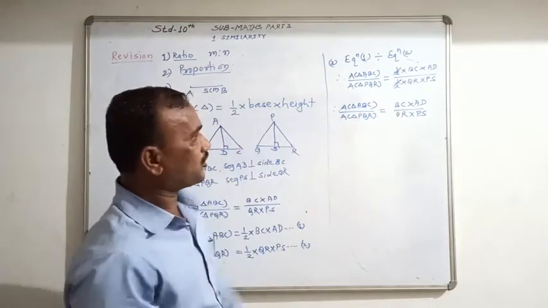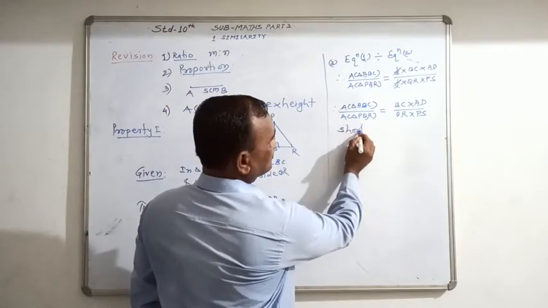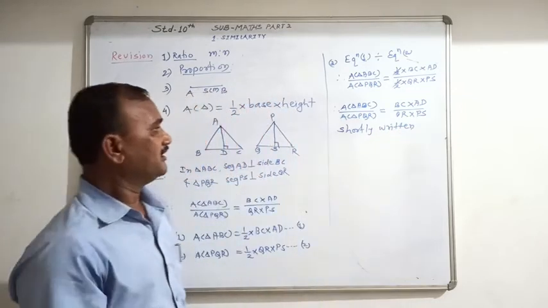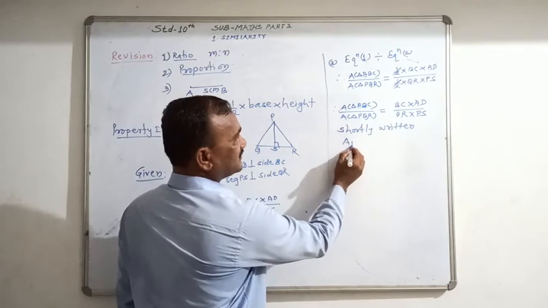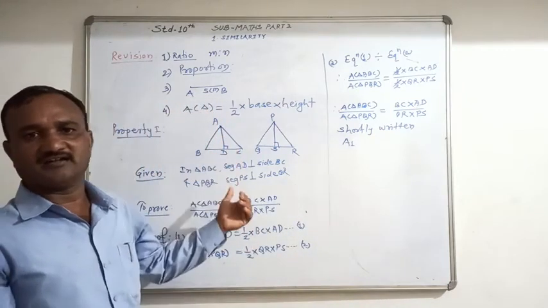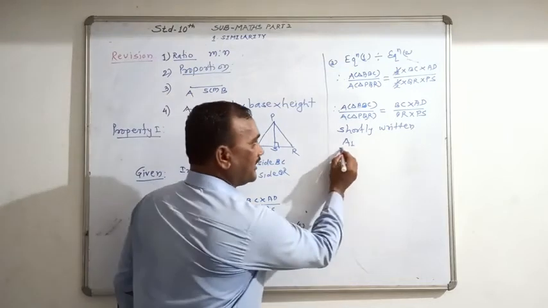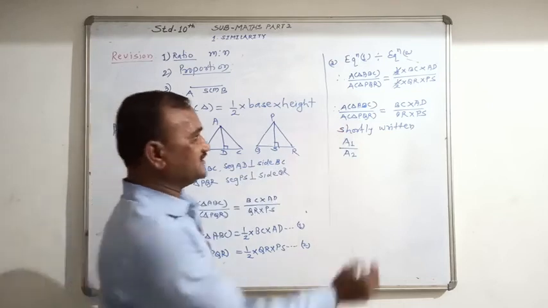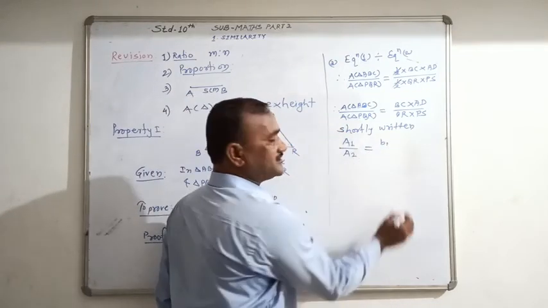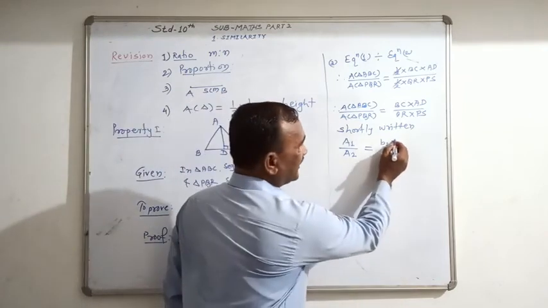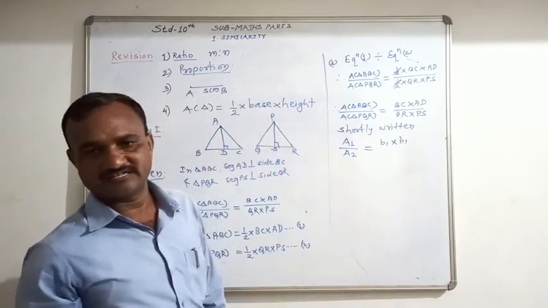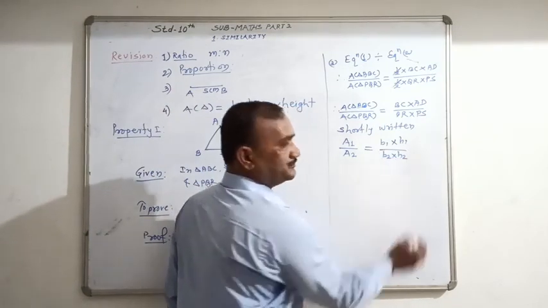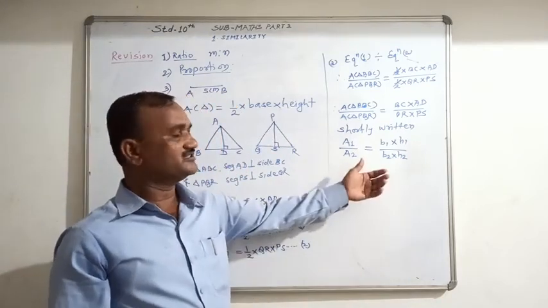This property is shortly written as: suppose A1 is the area of the first triangle, that is triangle ABC, divided by A2, the area of the second triangle, that is triangle PQR, is equal to B1, the base of the first triangle, into H1, the height of the first triangle, divided by B2 into H2, the base and height of the second triangle.